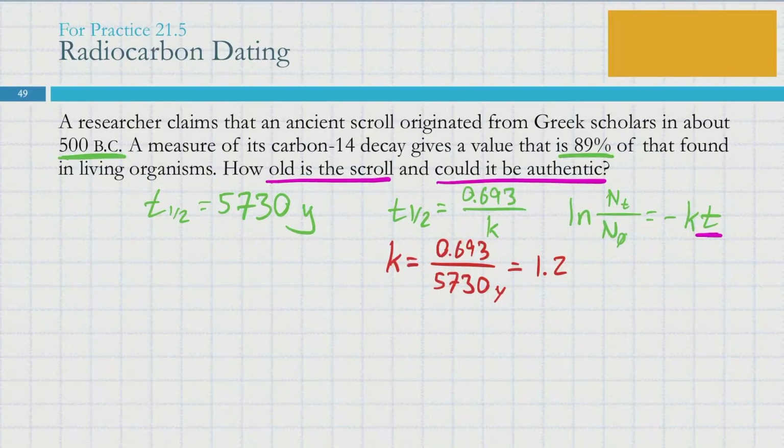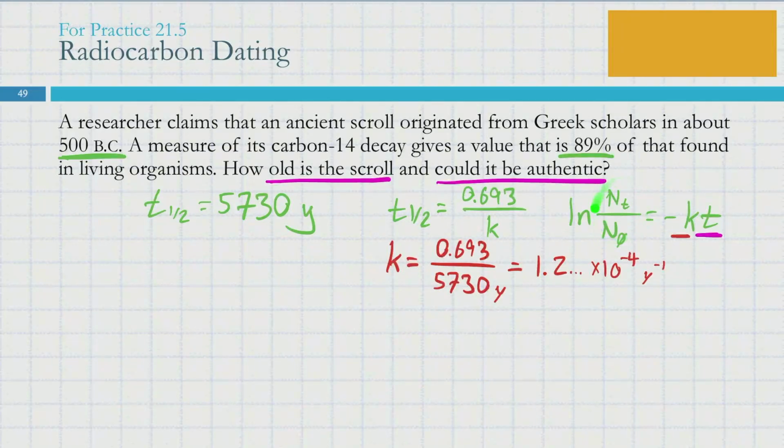We would have looked up the half-life. We saw it in an earlier slide. So 1.2 dot dot dot times 10 to the minus 4 inverse years. Our K value. Okay, so we've got K.